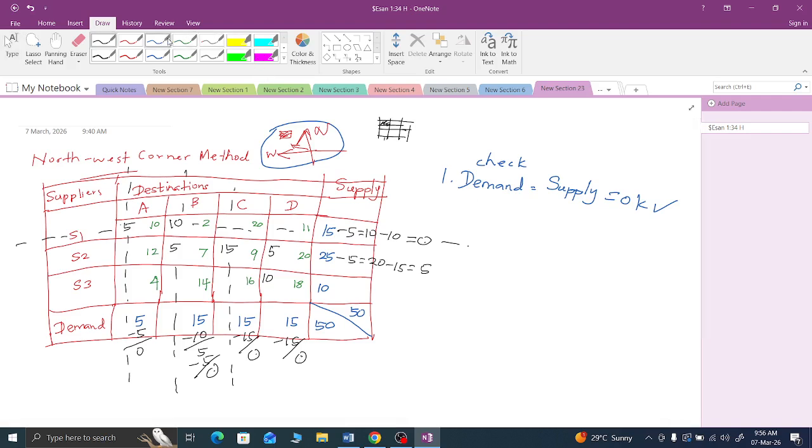So let's see. For the initial basic solution, we are calling this one initial basic solution.